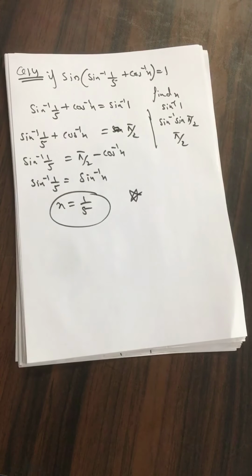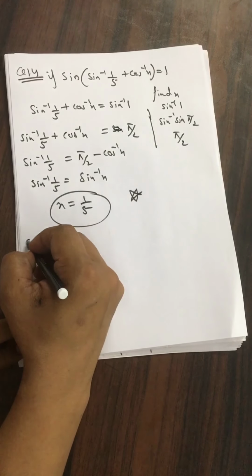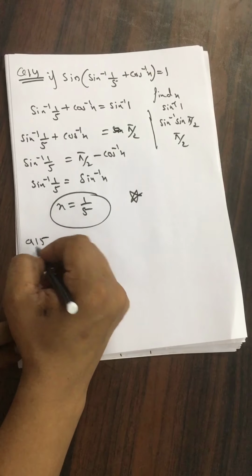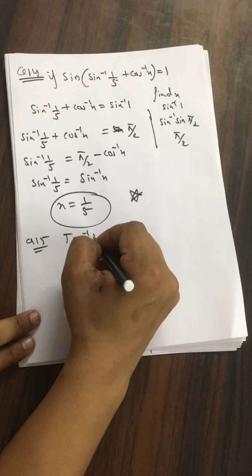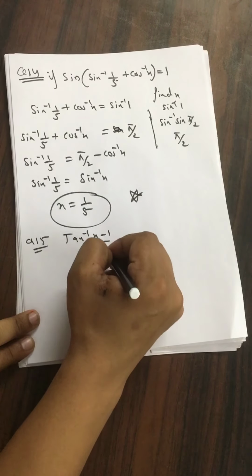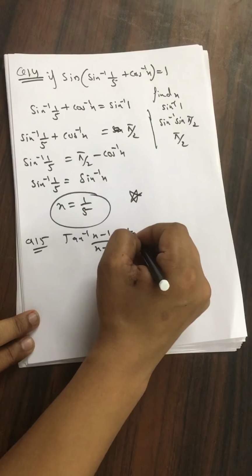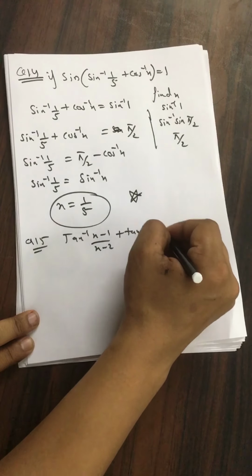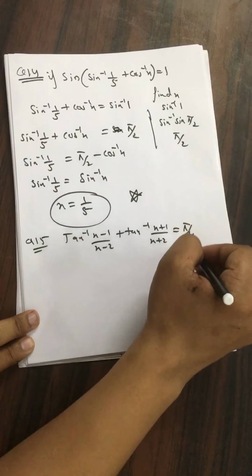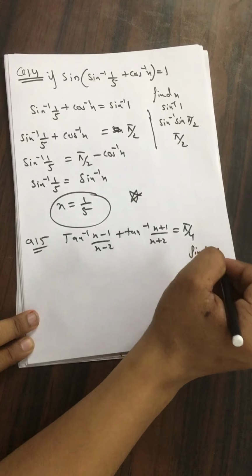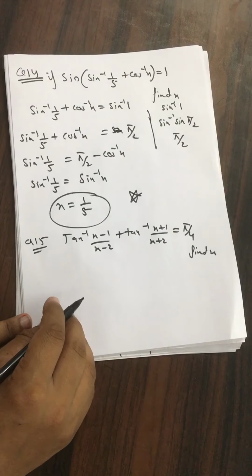Very simple question. Another simple question is coming up. Tan inverse x minus 1 upon x minus 2 plus tan inverse x plus 1 upon x plus 2 equals to pi by 4. Find x. Same thing. Remember the formula?